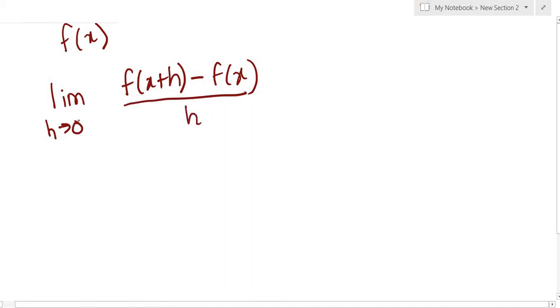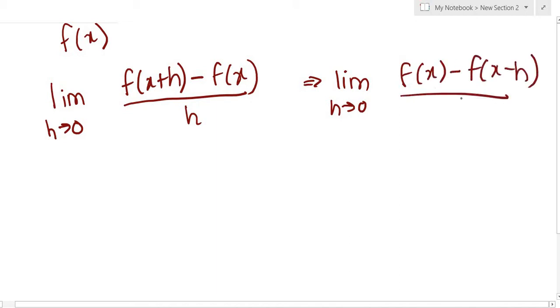And now I'm considering only the right hand limit of this, because if h is slightly less than 0, then this might just translate to the limit as h approaches 0 of f of x minus f of x minus h all over h.